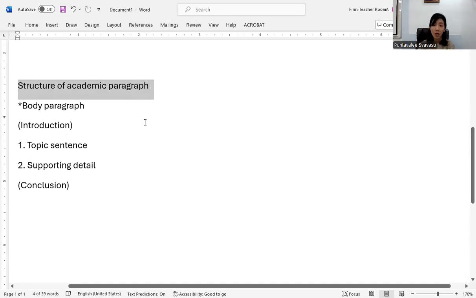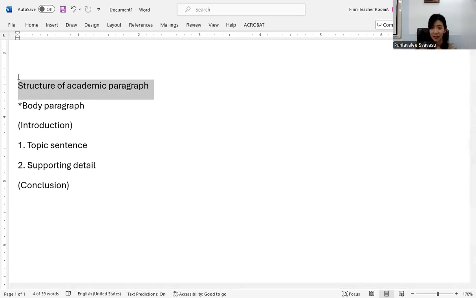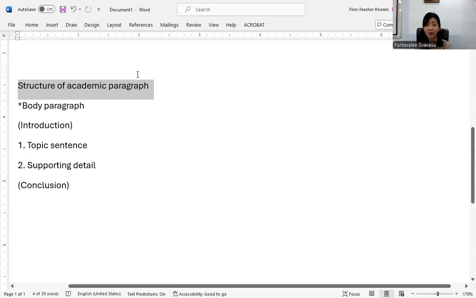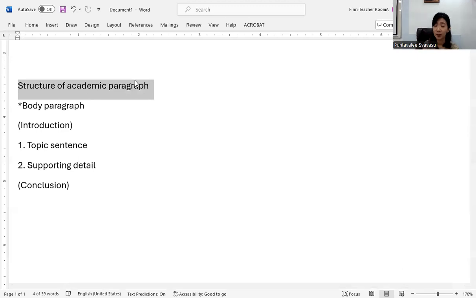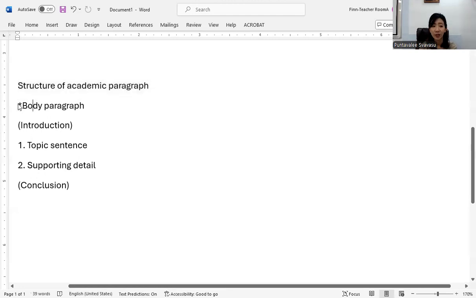Think about when you write an academic paragraph. I'll just focus on the paragraph level. When you study writing, it could be introduction, body paragraphs, and conclusion for the whole essay. But I want to focus on only the body paragraph for this one.